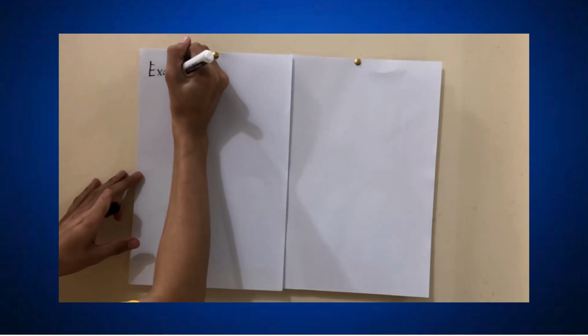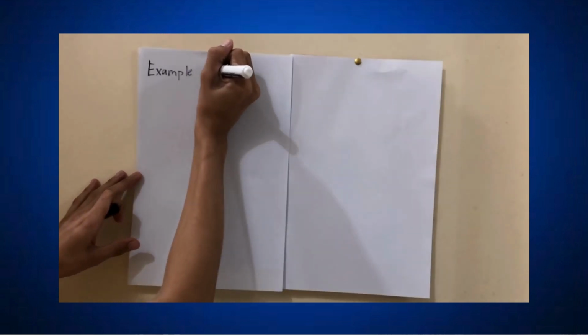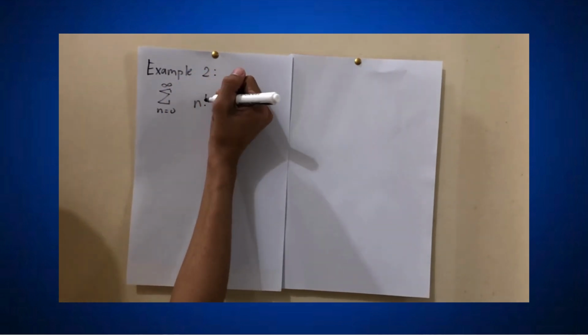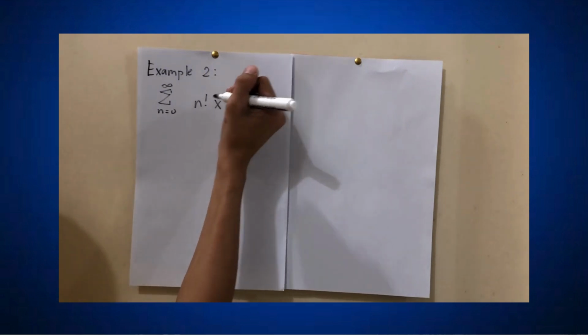Example number 2. For our number 2, we have the summation of n factorial times x raised to n from 0 to infinity. Then we need to apply the ratio test.